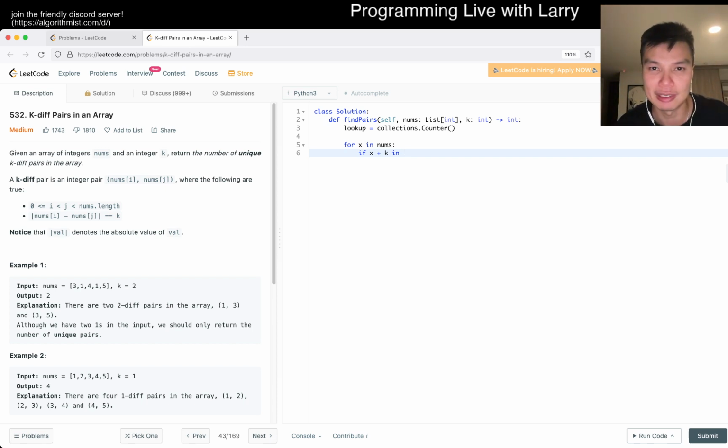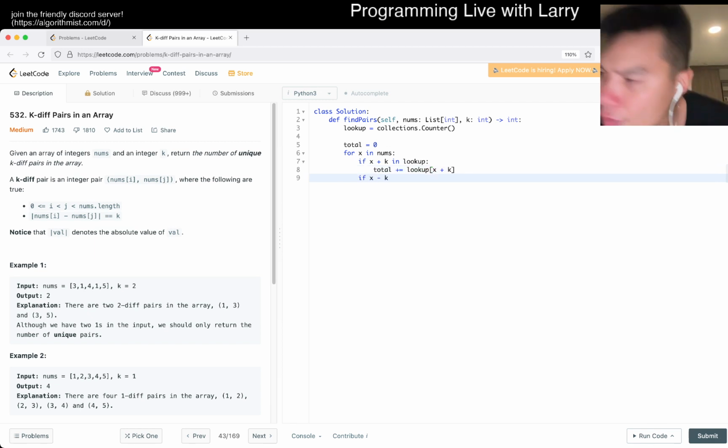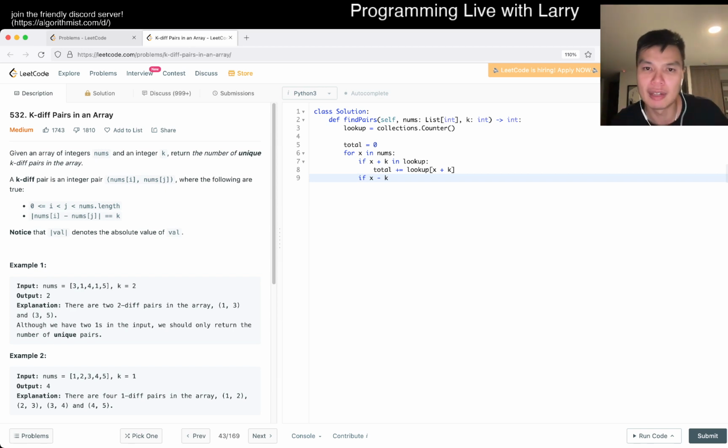So x in lookup, so now we have a total answer. Then total plus lookup of x plus k, right? Let me see. Well, if x minus, maybe this is wrong actually.